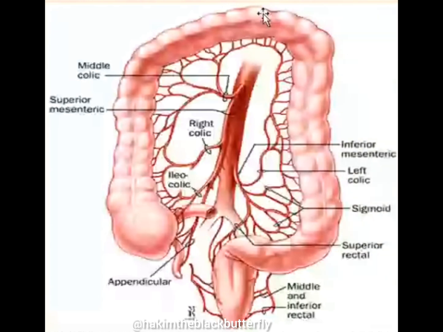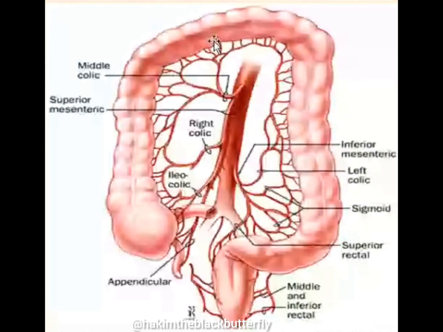So this is the boundary between the midgut and the hindgut, where we have the marginal artery, the anastomosis between the branches of the superior mesenteric, that is the middle colic, and branches of the inferior mesenteric, that is the left colic.